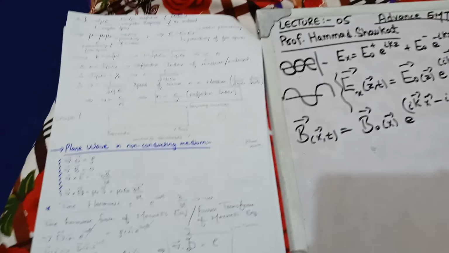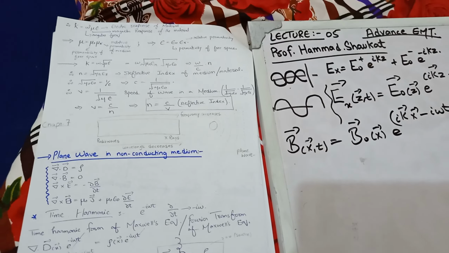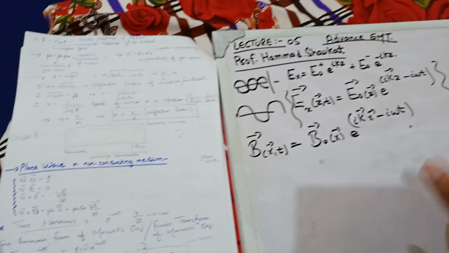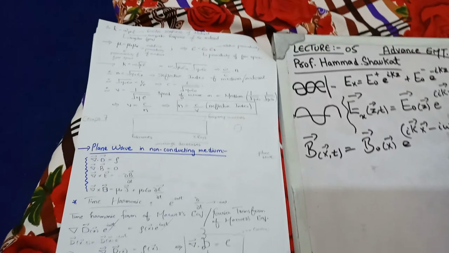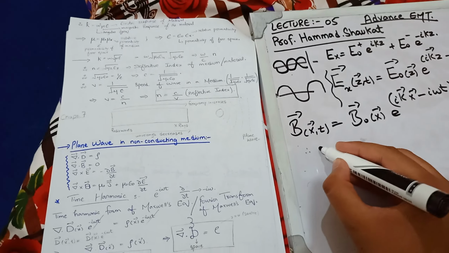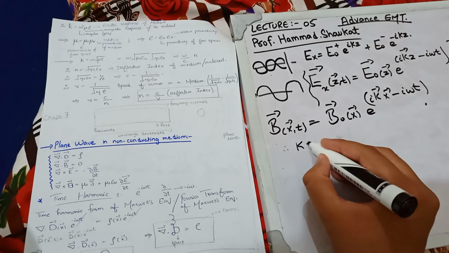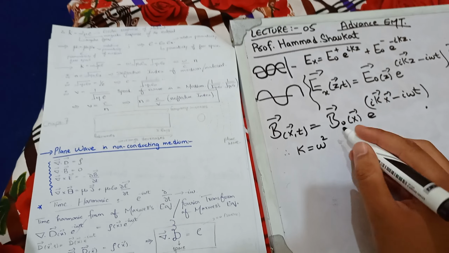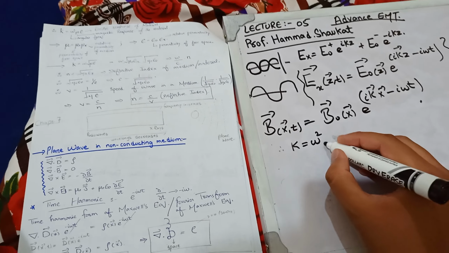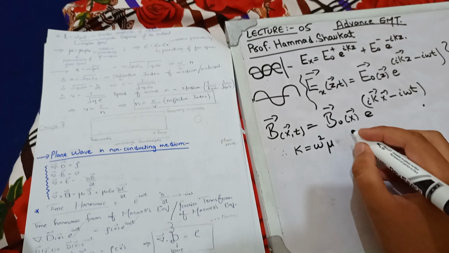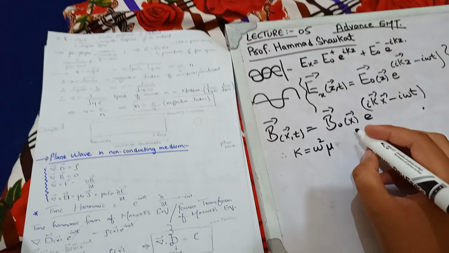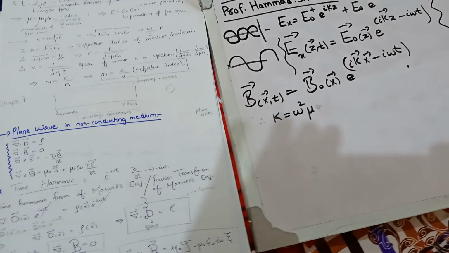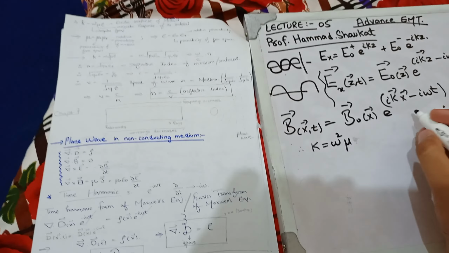Now as you know, there is an expression k inside this. You can see here k, and k is a vector, and k must equal omega square, because it's omega squared, the angular frequency, times mu, which you already know is the magnetic response. Similarly, there is another thing, which is epsilon.